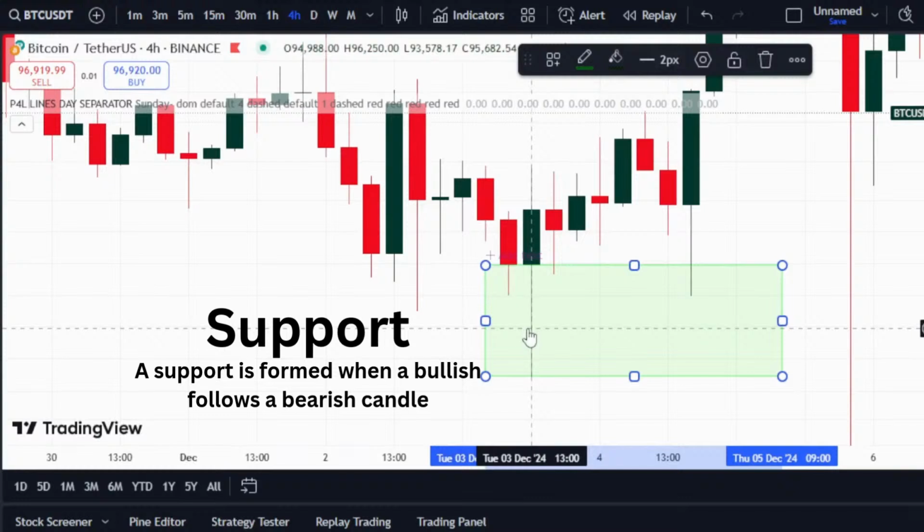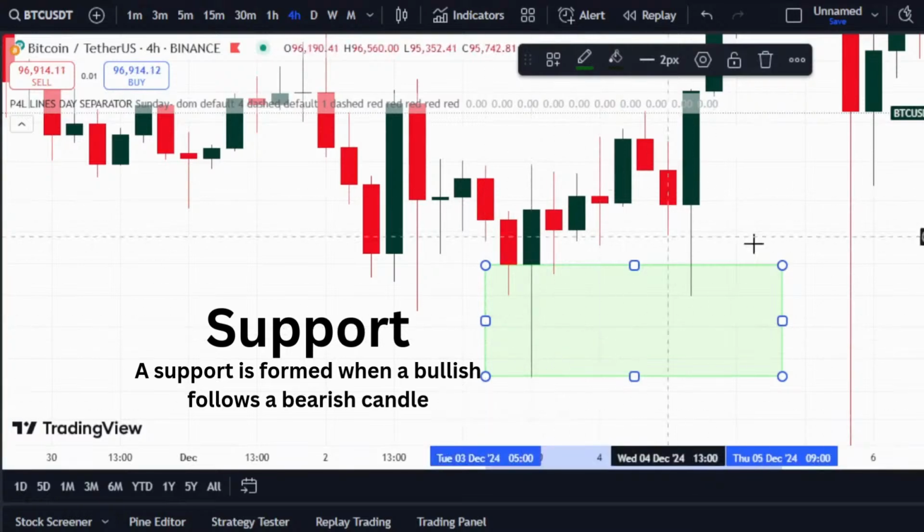Now, this is for people who trade using support and resistance, SNR. All of this place is considered.